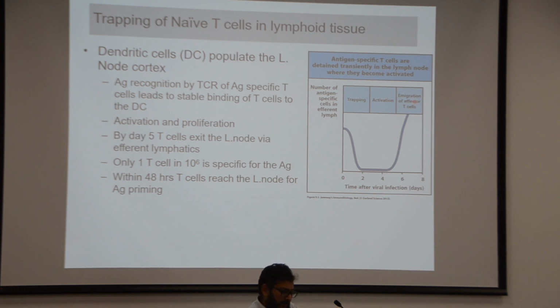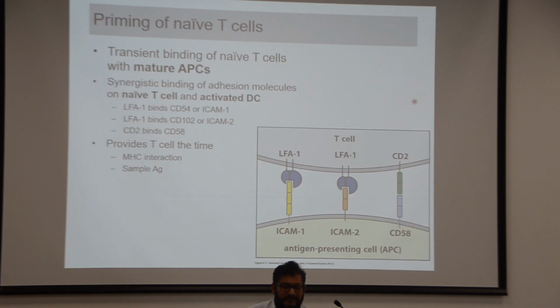Now what happens at the interface of these two cell types? If you recall yesterday, we said these cells are like billiard balls. They're not adherent cells, they're free floating cells. So for them to actually engage, you need to have transient interactions between the naive T cell and the mature antigen presenting cell.